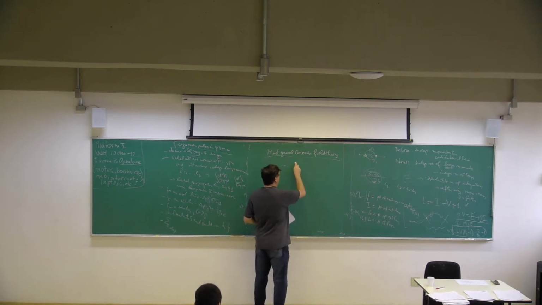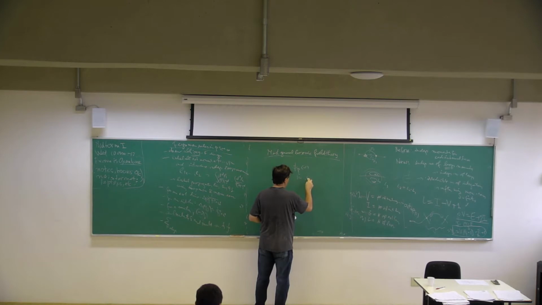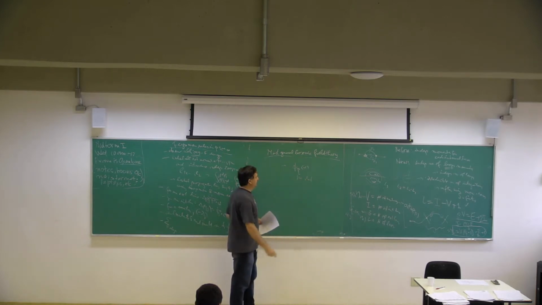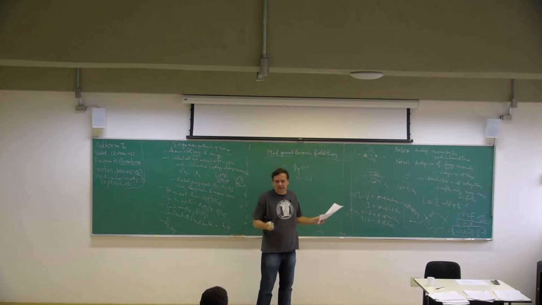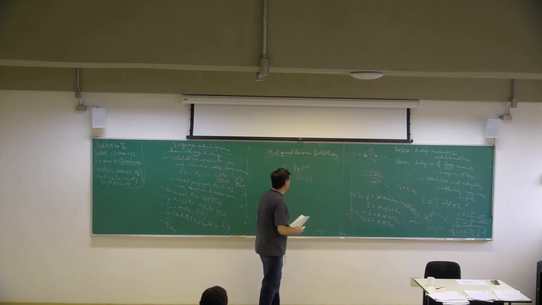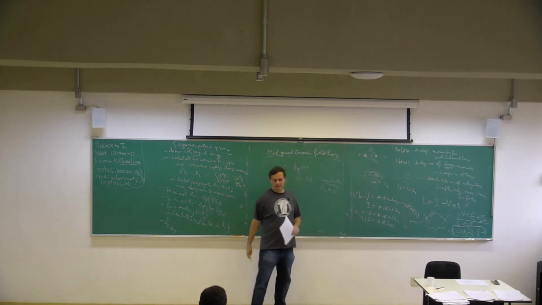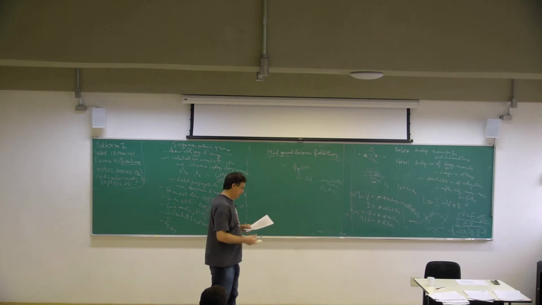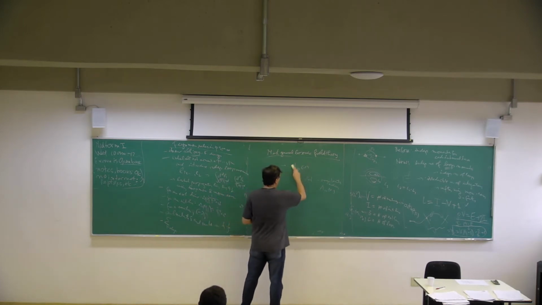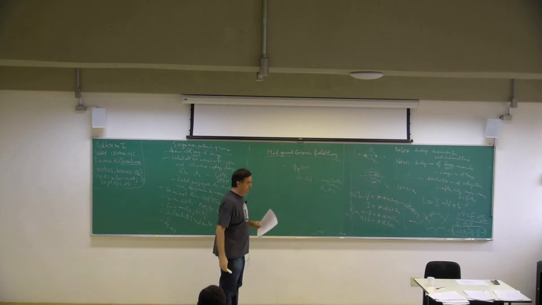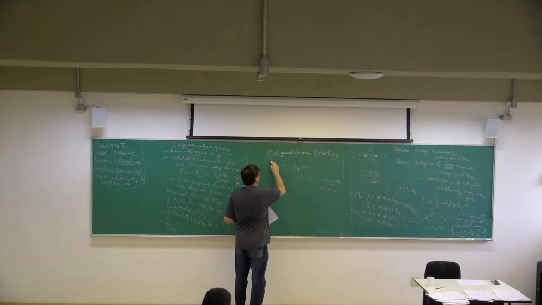So we will consider fields phi p, where p stands for some set of indices of some kind. They could even be Lorentz indices, like for example the electromagnetism gauge field A mu. But generically, let me call these phi p, generic bosonic fields.